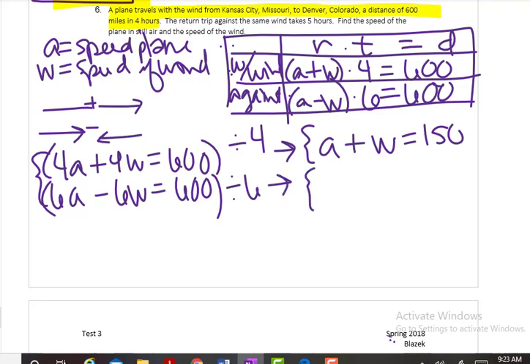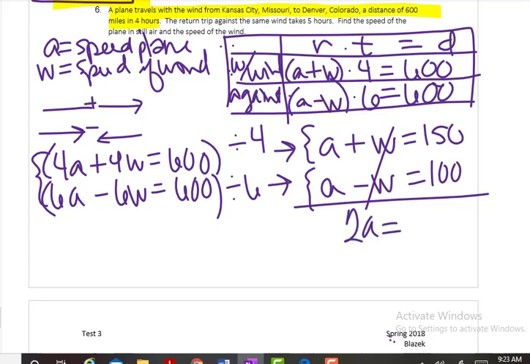Watch this. A minus W is equal to 100. Now, just by adding or multiplying or dividing, I'm ready. Look at my coefficients. I have the opposite coefficient on my W's. They cancel. And I have 2A is equal to 250. So A is equal to 125. And that is the speed of the plane.